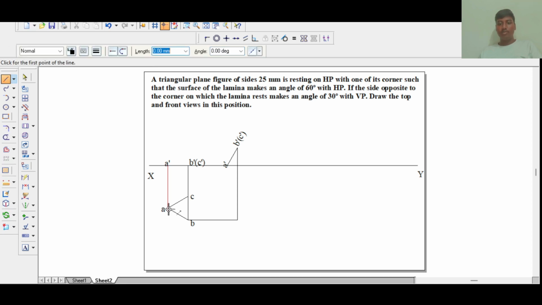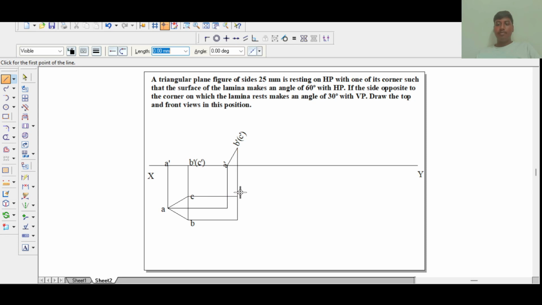Draw normal lines from C to the projected line of B dash C dash and then A. And these dotted lines are called reference lines.